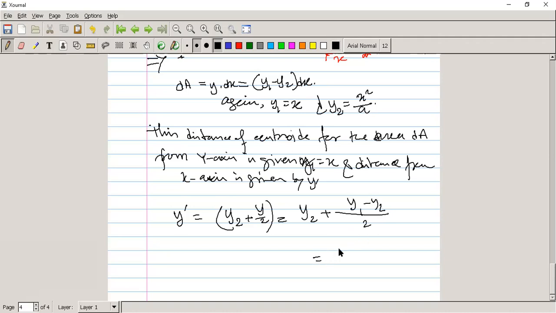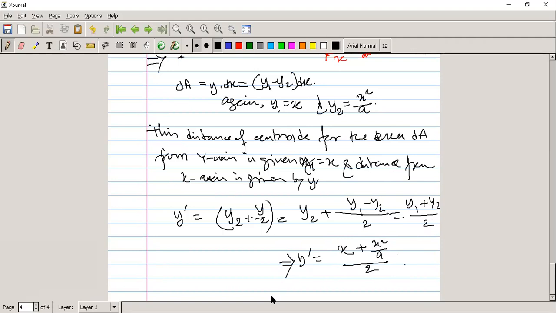So we can put simply, instead of y2, y2 plus y1 minus y2 by 2. Clear? Why is it? Because this is y1 plus y2 by 2. So instead of y1 is x, and instead of y2 x square by a. So this is your y dash.